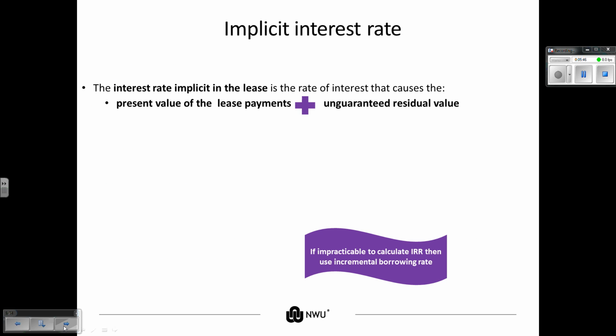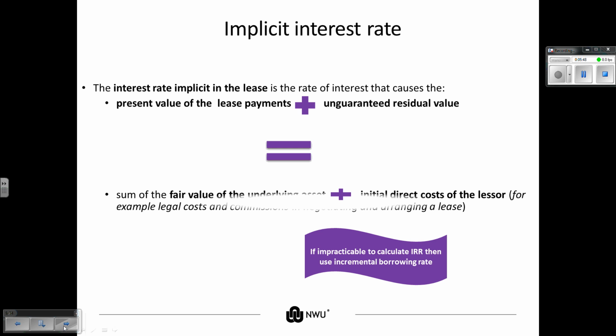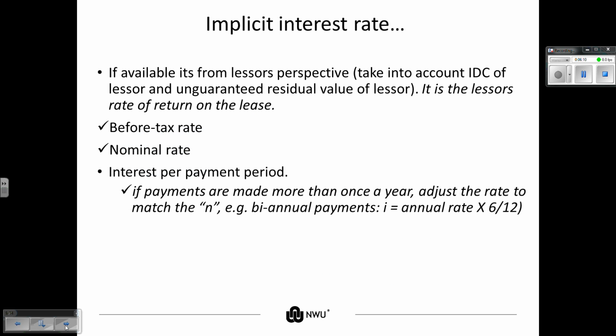So here I've just said again, very important, the interest rate implicit in the lease is the rate that causes the present value of the lease payments plus the unguaranteed residual value, if I discount this, to be equal to my fair value plus my initial direct cost of the lessor. If available, it's from the lessor's perspective.